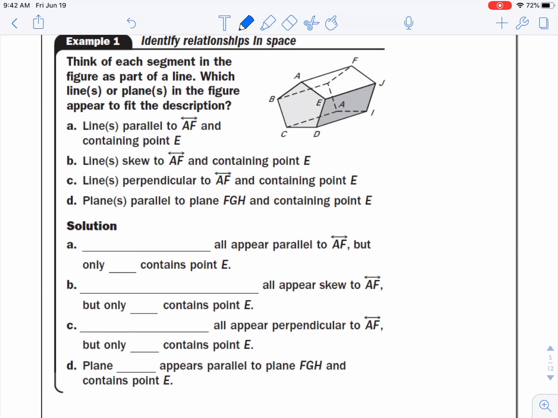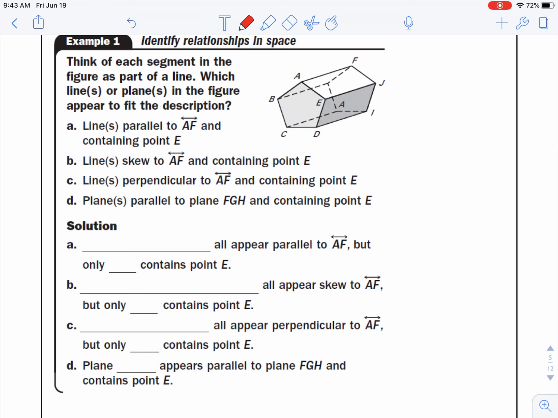Let's try another example here. Why don't you read through these questions, and I'd like you to try to see if you can pick them out. The key here is it says think of each segment in the figure as part of a line and which lines or planes in the figure appear to fit the description. Because if we're actually going to verify, we would have to have some markings.